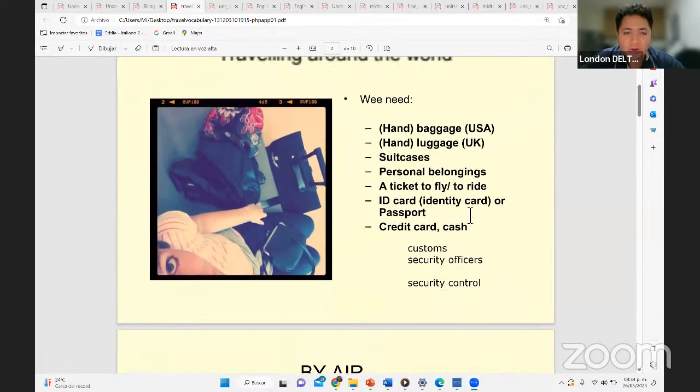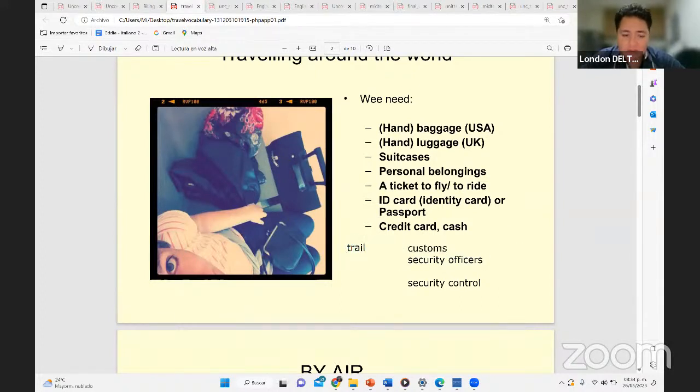Entonces ponemos en una banda todas nuestras pertenencias, right? In a tray, usually we unpack, for example, a laptop and we put it on the tray. Trays son como bandejas o charolas, right? Entonces ponemos nuestras pertenencias en una charola.